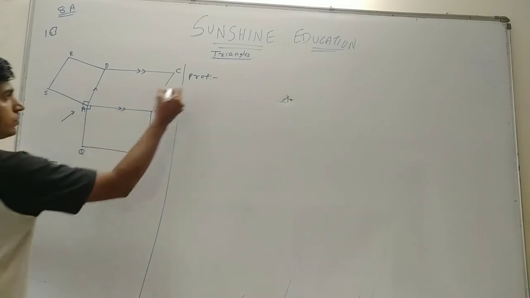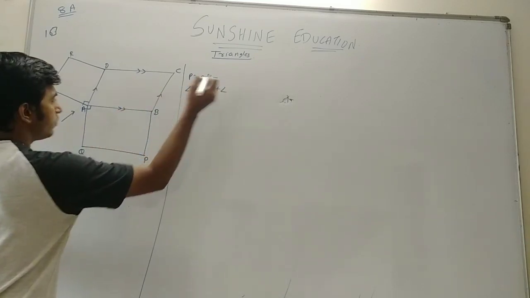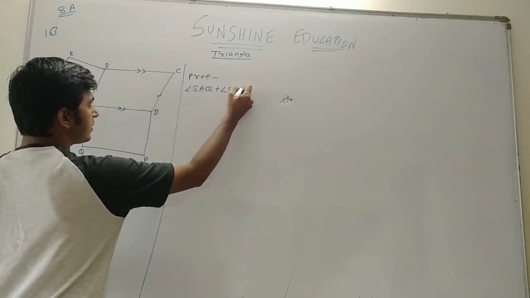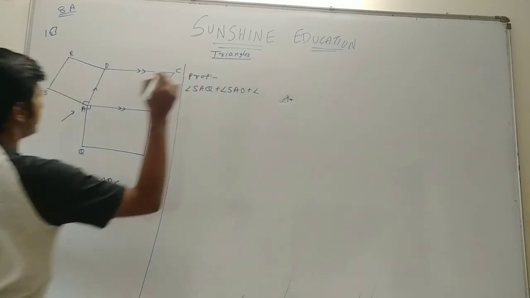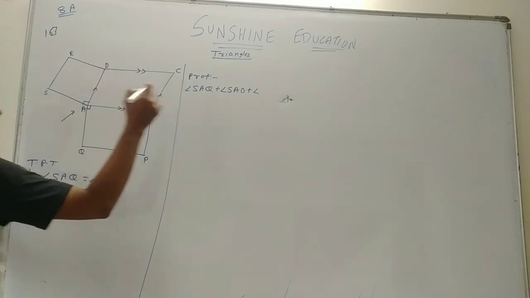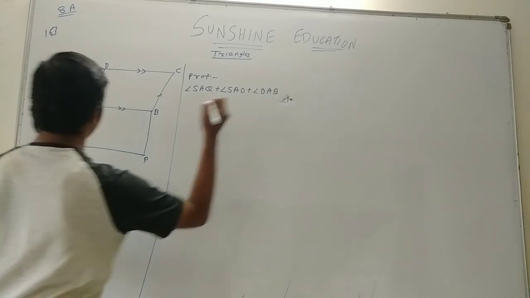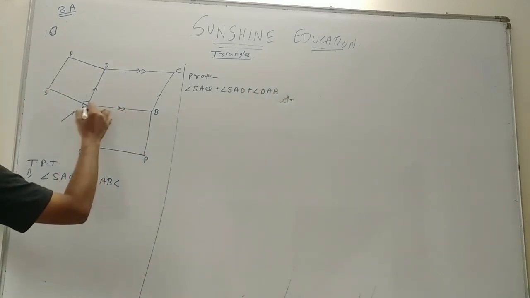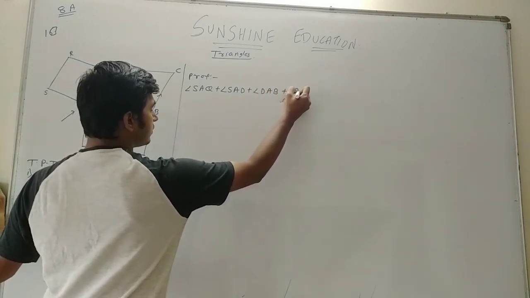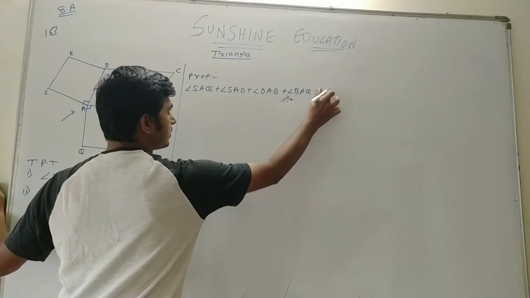Angle SAQ plus SAD plus DAB plus BAQ is equal to 360.